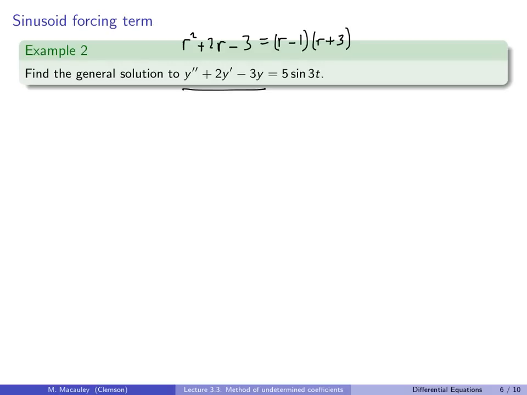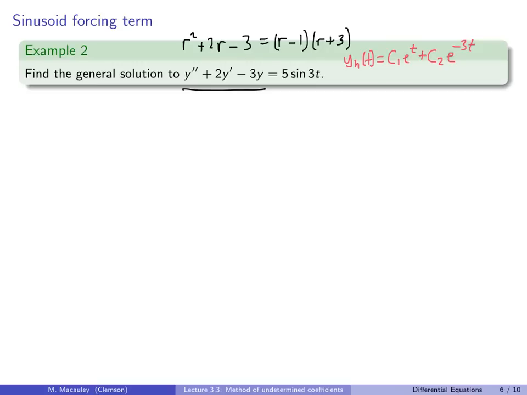And so that means that our homogeneous solution is going to have, let's just write it out, yh of t is c1 e to the t plus c2 e to the negative 3t.